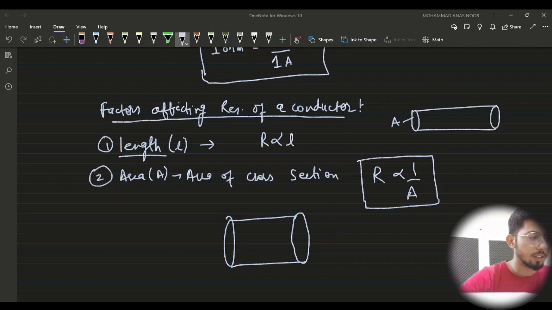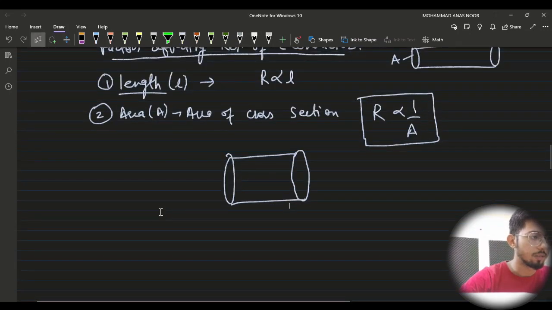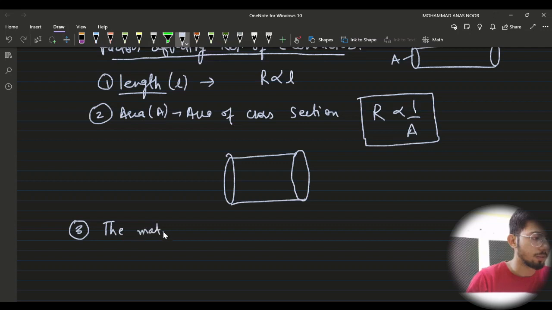And finally, it depends on another thing, which is the material from which it is made.